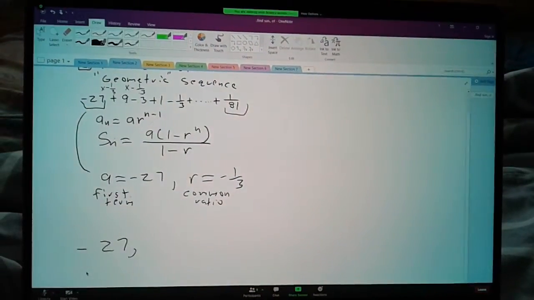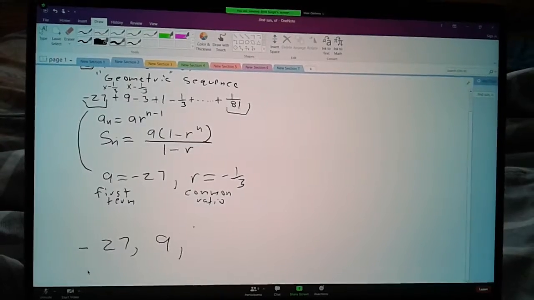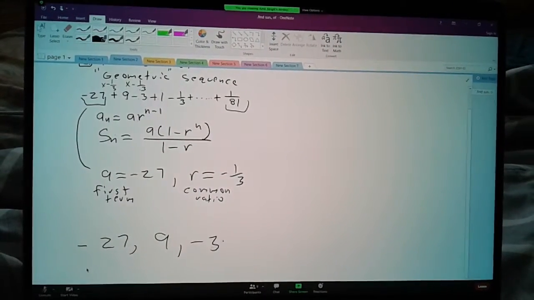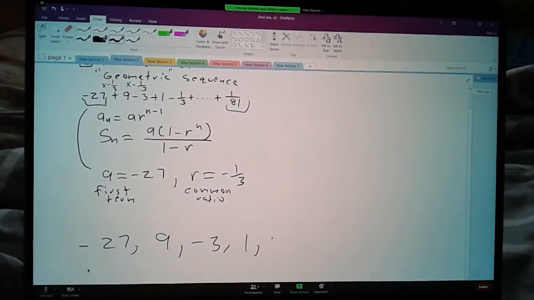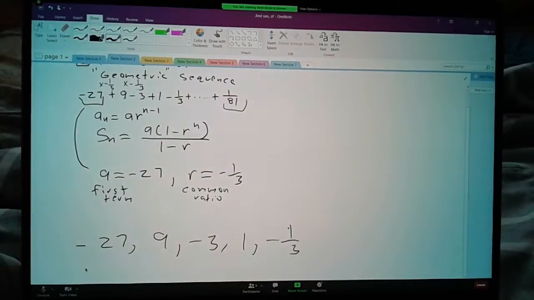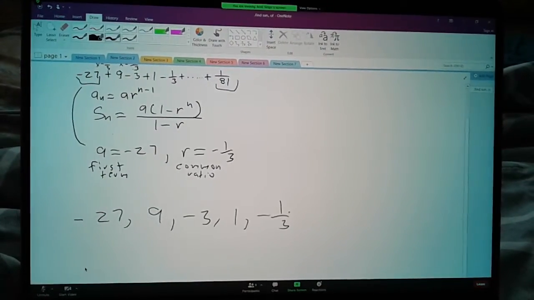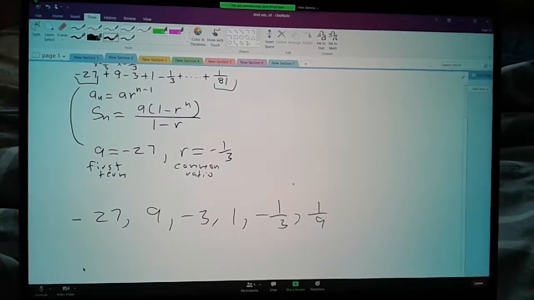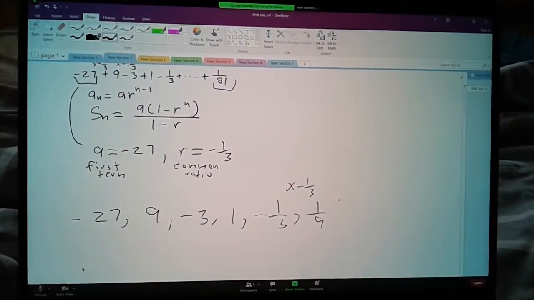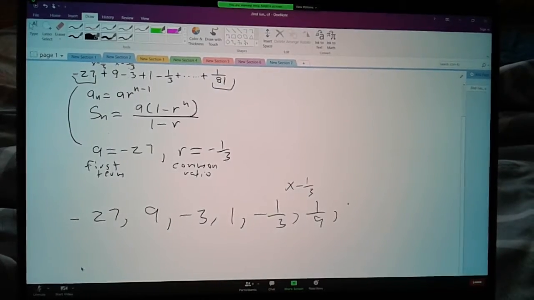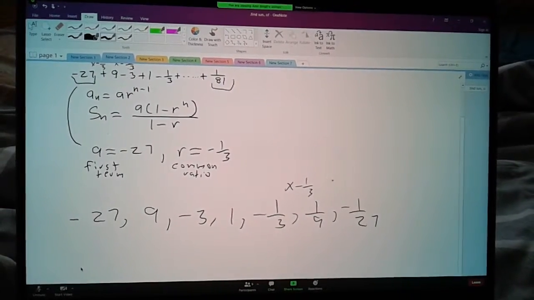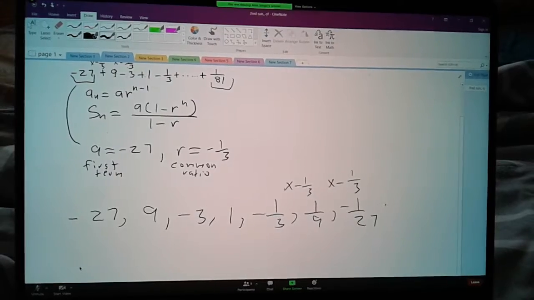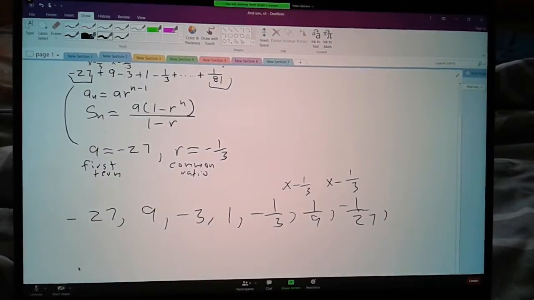We have negative 27, 9, negative 3, 1, negative 1/3. If I multiply that by negative 1/3, I get positive 1/9. Again, I get negative 1/27. Again, I get positive 1 over 81.